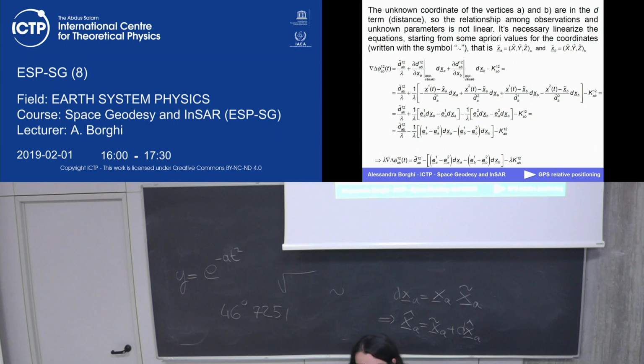And so you use an iterative procedure and you stop when the change in the a posteriori variance, or you can see that your parameters change only in the last decimal digit, it doesn't change, so you say, okay, I can stop my iterative procedure because I have converged to the real solution.